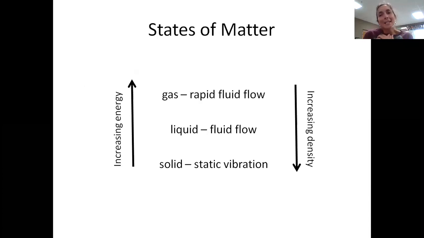Now, we can't detect that vibration, but chemists have measured it and know that, like all atoms, even when they're bound to other molecules in a solid that seems like it's just not moving in any way at all, the atoms themselves will have what's called vibration energy. It's called static vibration because you don't go from place to place. Static means stays the same, but it does vibrate.